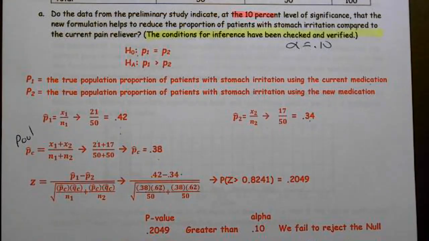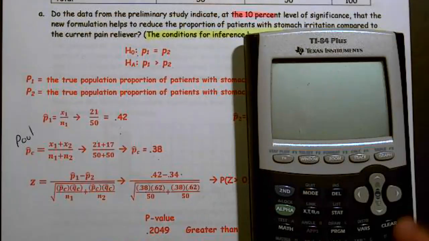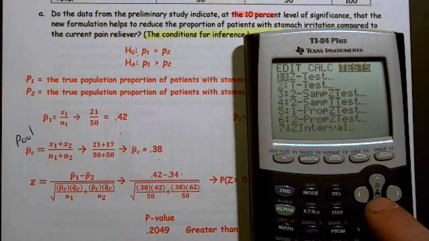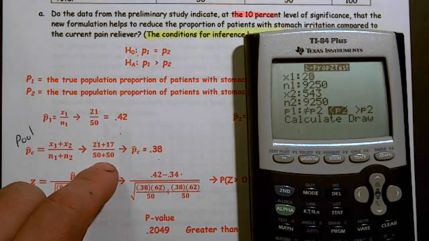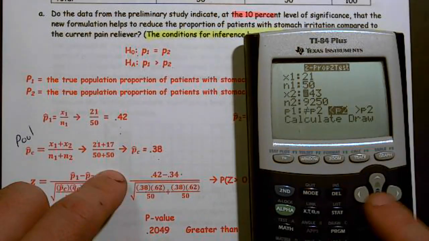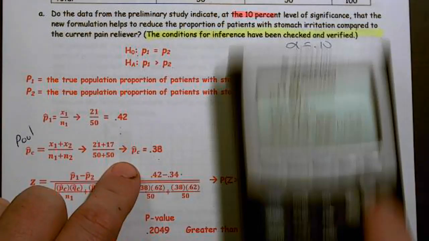All right. So when we go ahead and start looking at this, let's run the test. So we're going to go stat test, two proportion z test, 21 over 50. And the other one was 17 over 50.